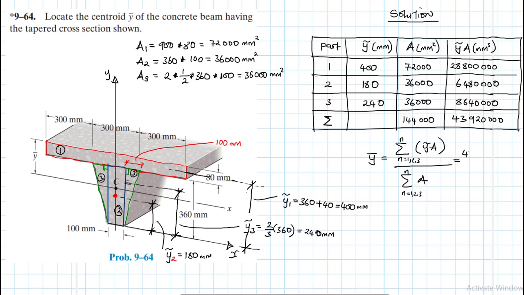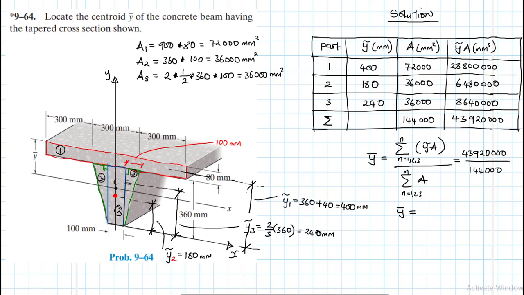On top we have 43,920,000 divided by 144,000.